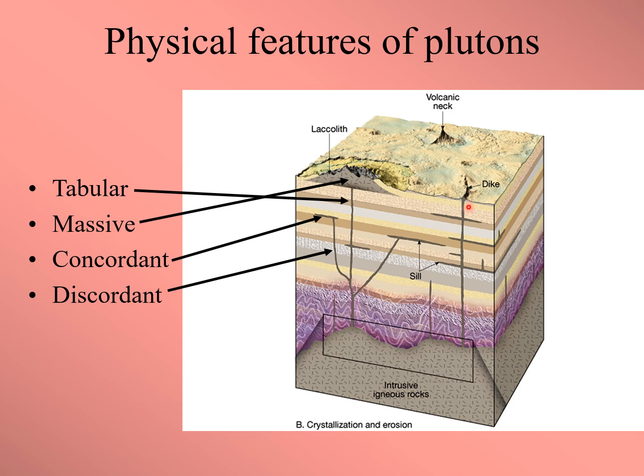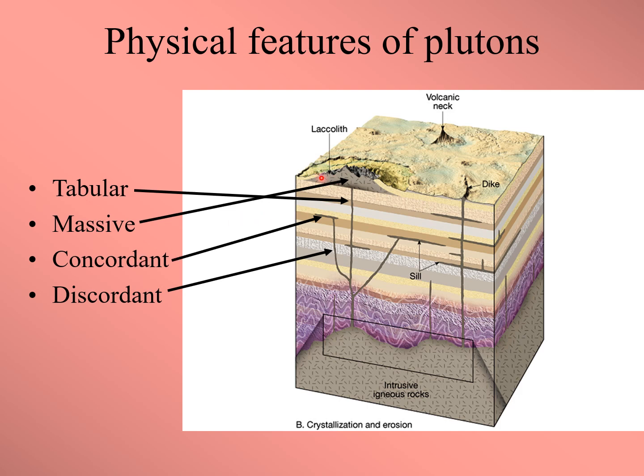So they're long and thin in 3 dimensions, so not very wide and long. And a sill is that same kind of feature, but it's horizontal relative to the crust. So it's parallel to these sedimentary layers, whereas this dike is not.